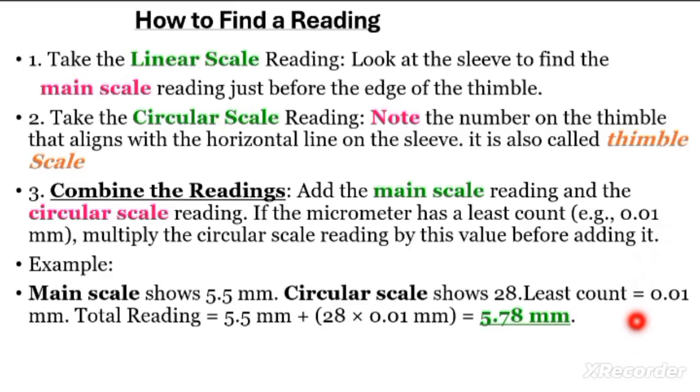So we are going to say 5.5 millimeters plus 28 times 0.1 millimeters, and we are going to get 5.78 millimeters. So this is how we can find the final reading. By the way, you are free to pause the video and assimilate the information given on the screen.